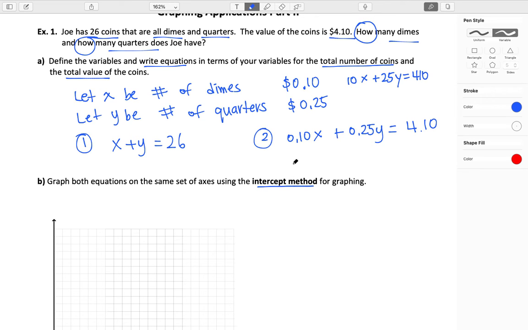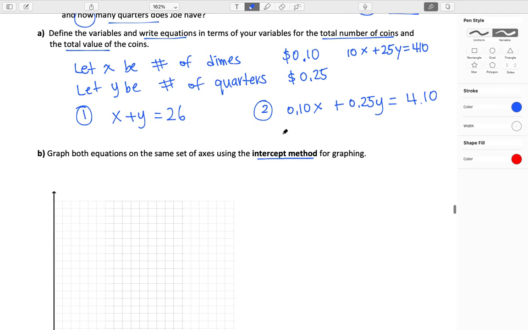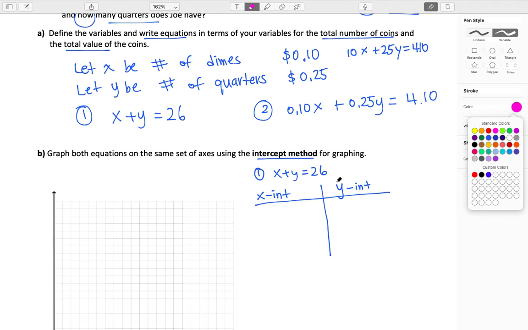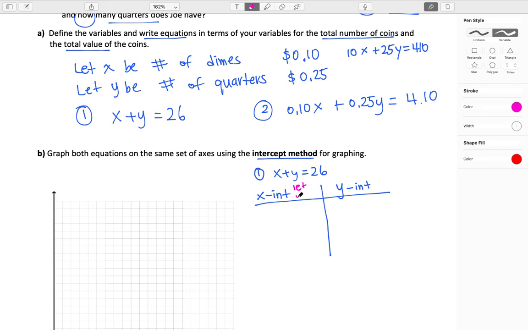Now, to do the intercept method, we have to find the x and y intercepts. So let's write for equation 1, x plus y equals 26. So let's do x-intercept and y-intercept. For x-intercept, we always say let y equal 0. And for y-intercept, we say let x equal 0.